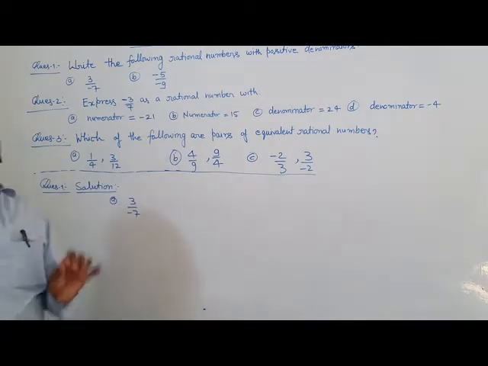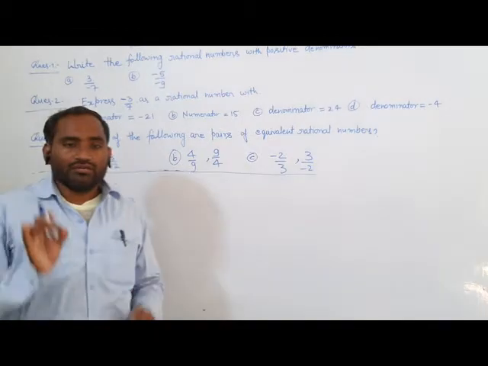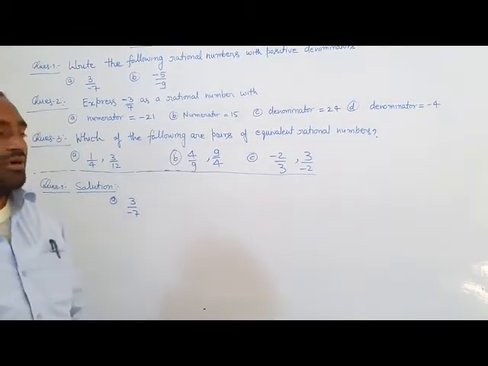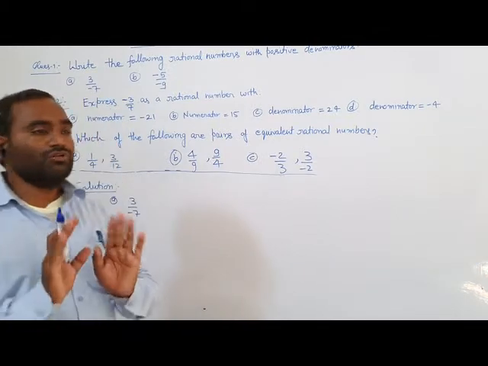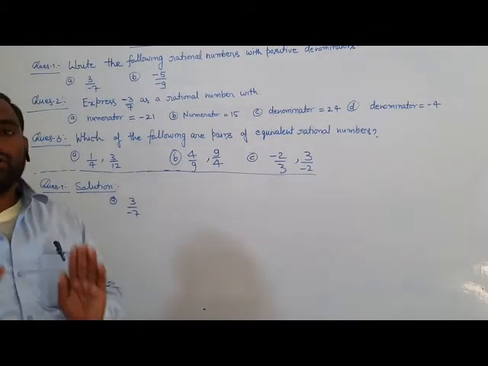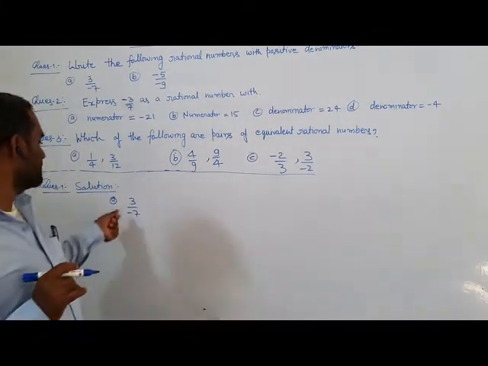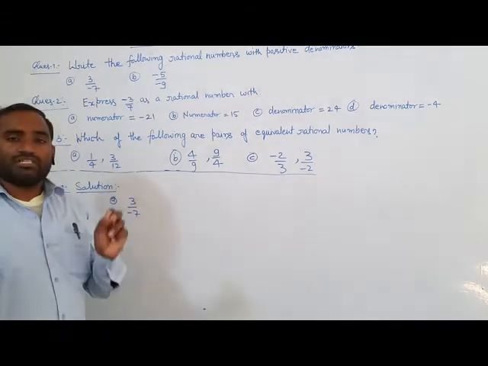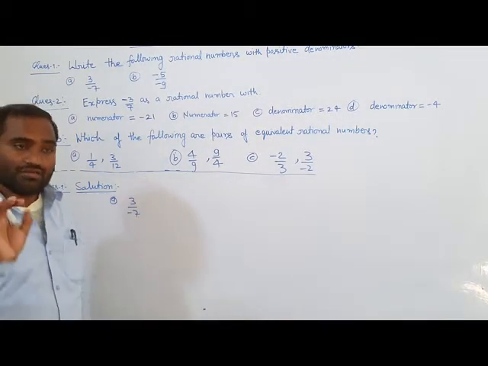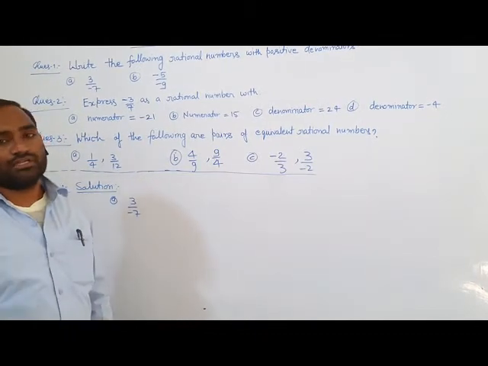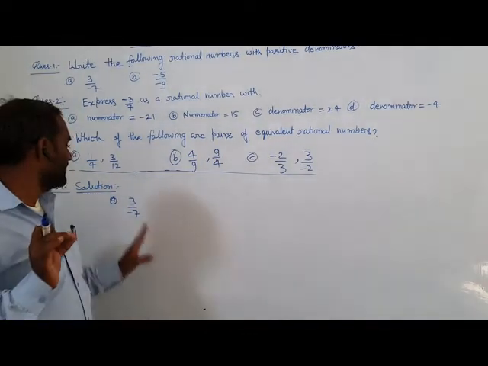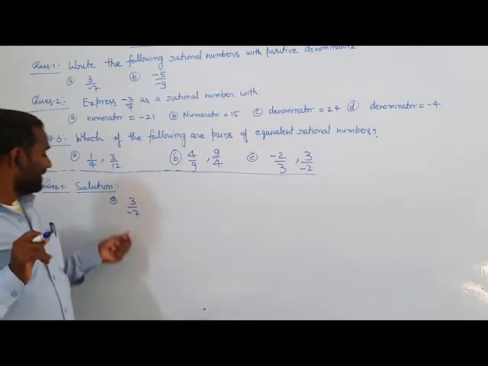We know that if we multiply the same rational number in denominator and numerator, the value of the rational number does not change. यदि हम किसी रेशनल नंबर में किसी भी रेशनल नंबर से उसके न्यूमरेटर में उसके डिनोमिनेटर में मल्टीप्लाई करते हैं तो उसकी वैल्यू बदलती नहीं.